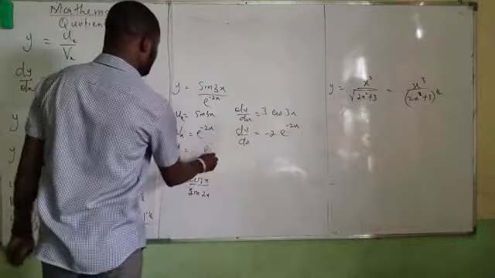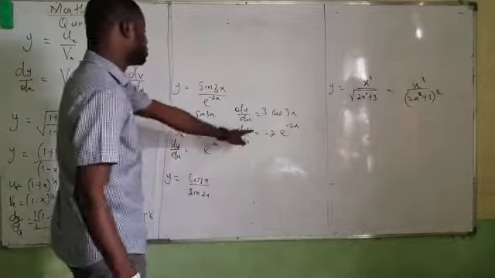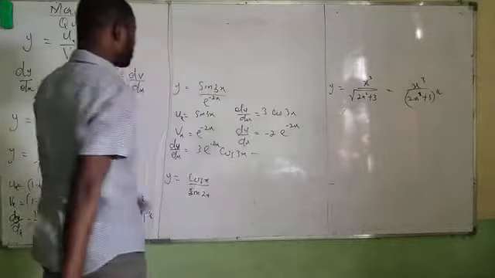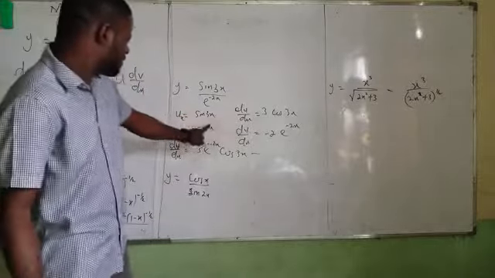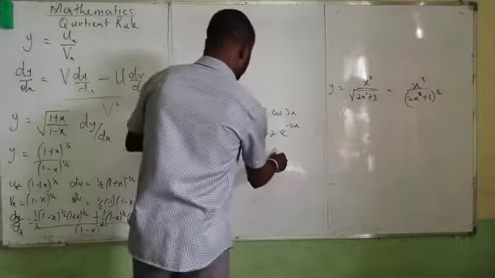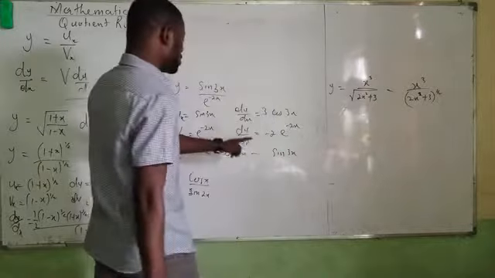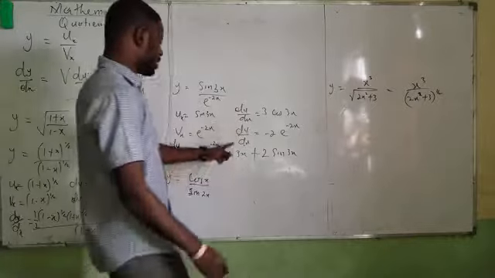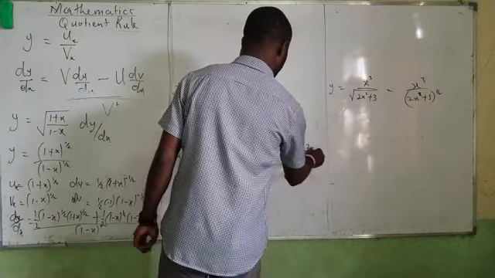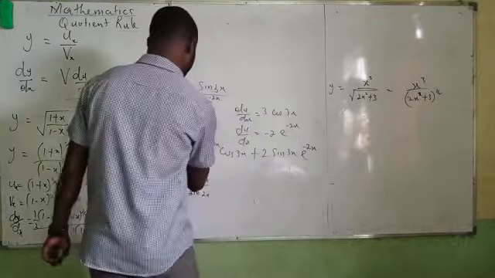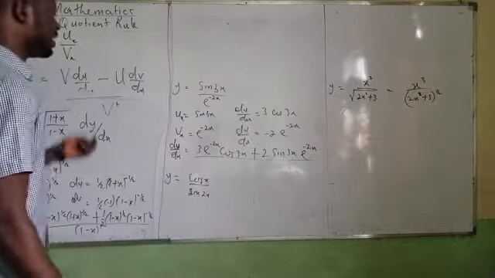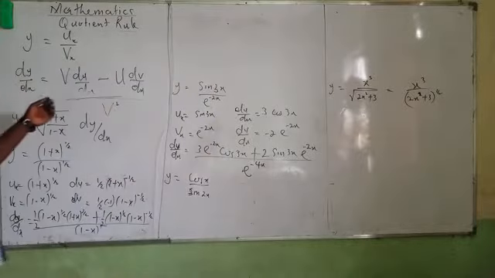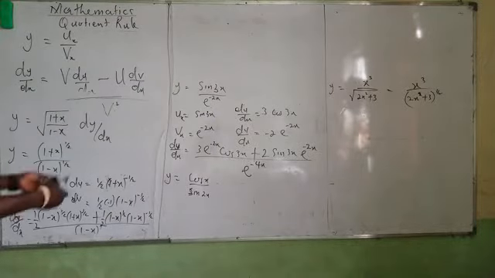This is my v, e raised to power minus 2x, times du, which is 3 cos 3x, minus, what is my u? I have sine 3x, and I'll be having plus 2, since the minus multiplies, e raised to power minus 2x. Now, divided by v squared, it means I'll be having e raised to power minus 4x. That's all. Look at this also, it's very straightforward.